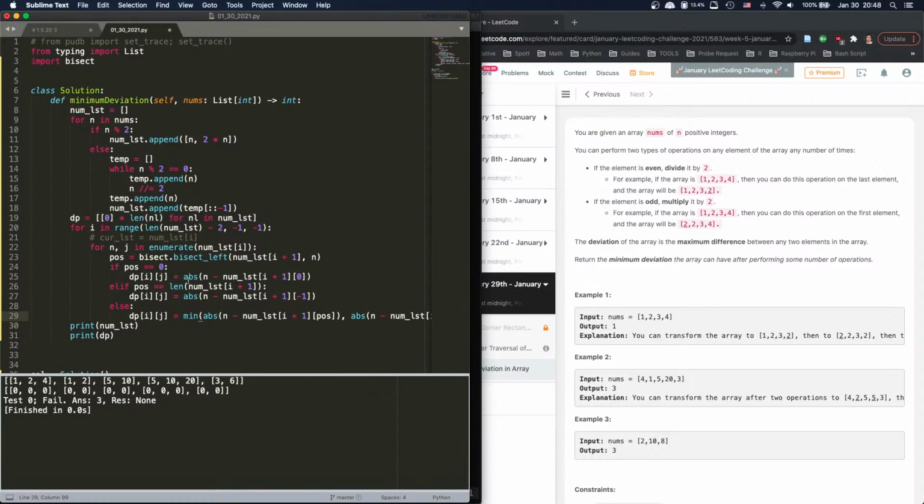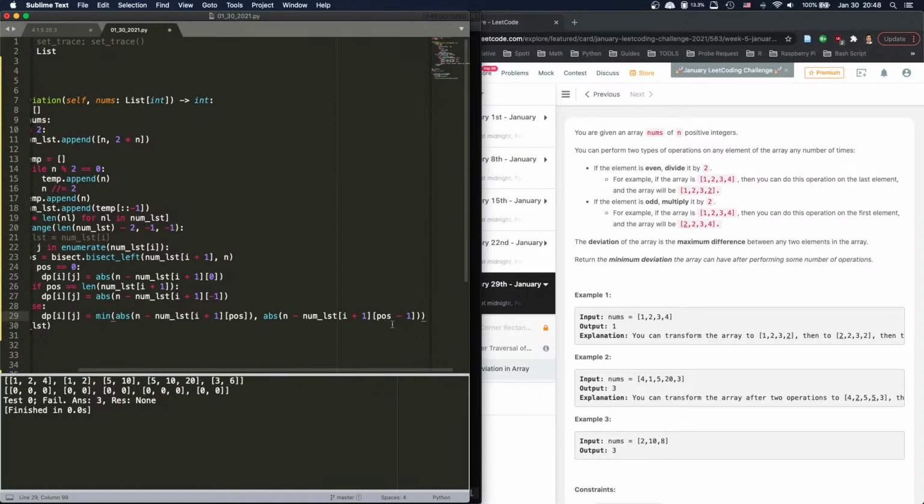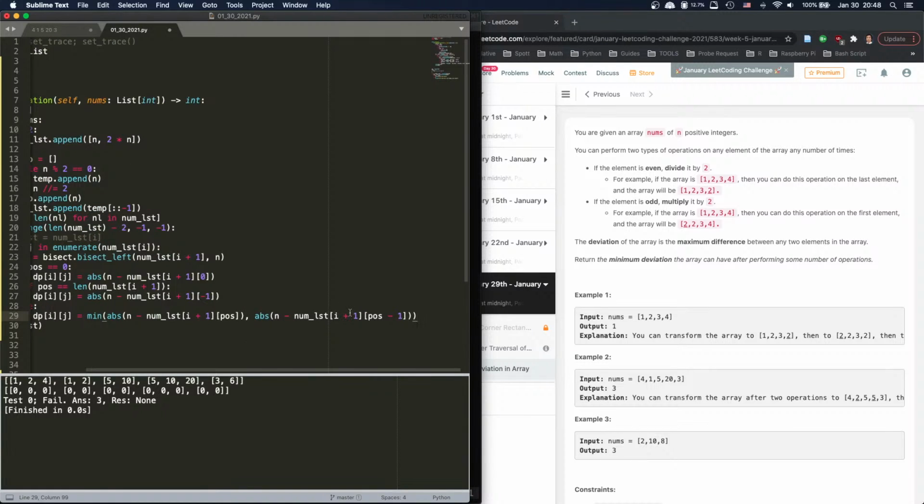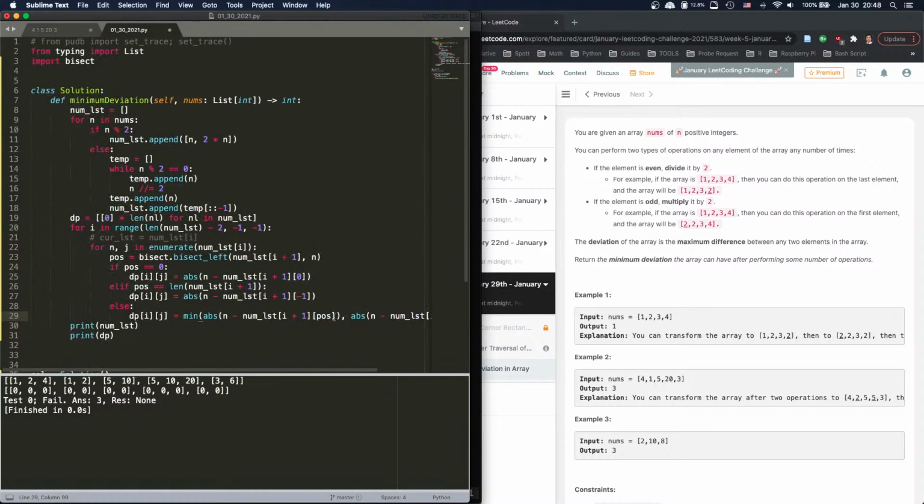If you think about it, if position is 0, and this is 0, and this is going to be minus 1, which is far away, so that one will definitely be larger. So this can be covered by this. If it's the largest, then position minus 1 is the front, and the current position, oh, that will actually raise an error.